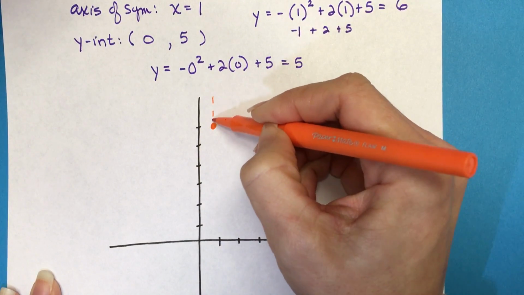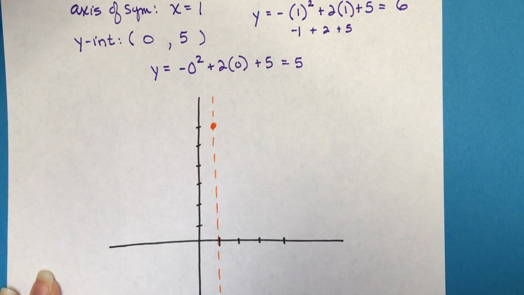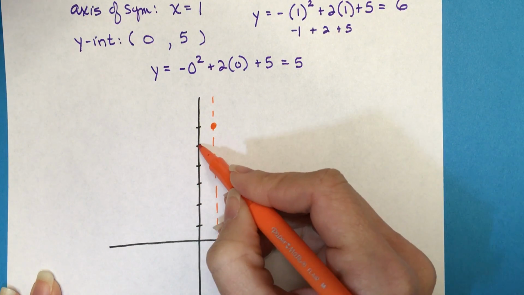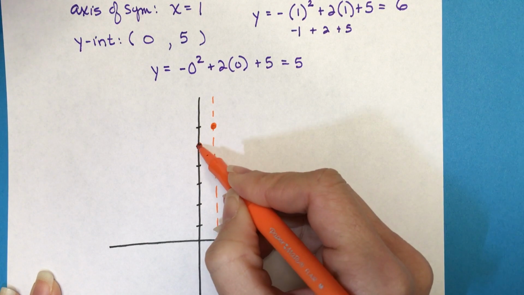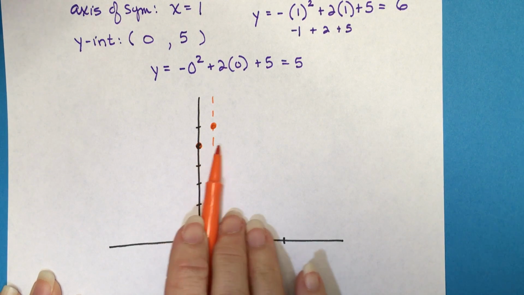And I'm going to go ahead and dot in my axis of symmetry. And we have the y-intercept at 5. Okay, so this time what's going to happen is our parabola is going to turn upside down. But this is the point, remember, that you're going to reflect.